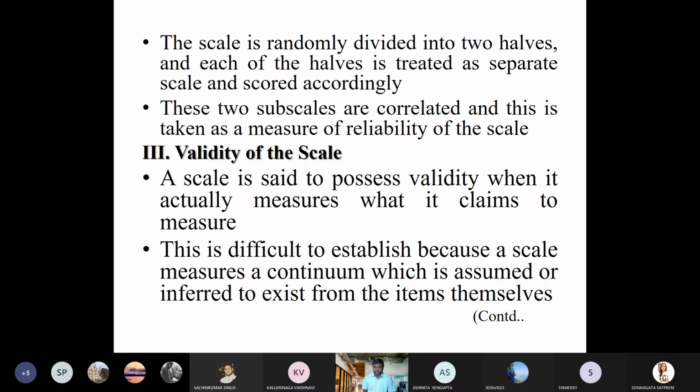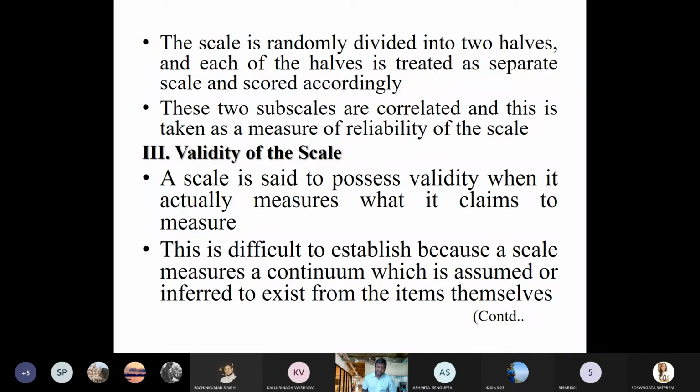This is difficult to establish because a scale measures a continuum which is assumed or inferred to exist from the items themselves. Means what exactly we are doing here? When we are inferring something, we are inferring it from the existing things.